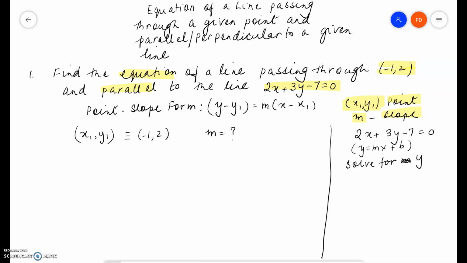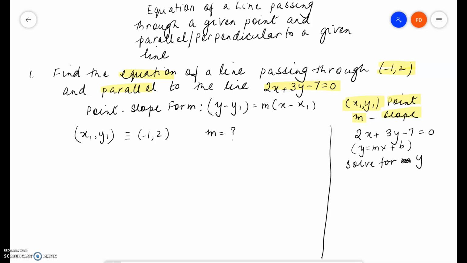The question says that the line that we want passes through -1, 2. So that's our x1, y1. We do not know the slope, but we have some information about it. We know that the line we are trying to find the equation for is parallel to the line 2x plus 3y minus 7 equals 0.